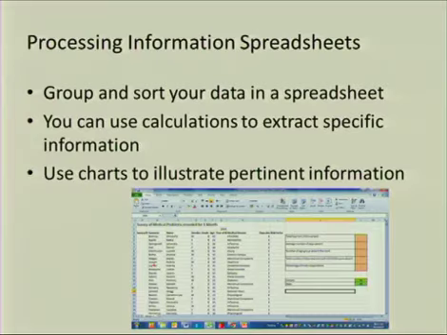Right, so now we are going to get all the information we need from our spreadsheets. And we can use a spreadsheet to group and sort the data that you've collected from your surveys. You can use calculations and formulas and functions to extract specific information. And most importantly, you can use charts to illustrate specific information.